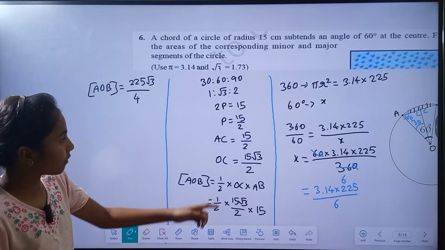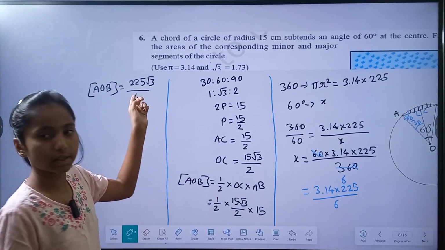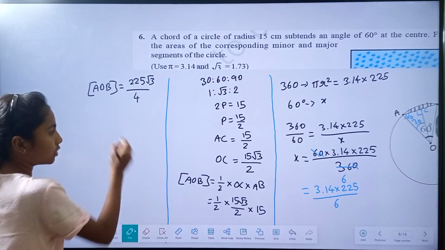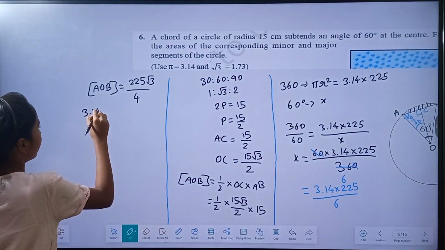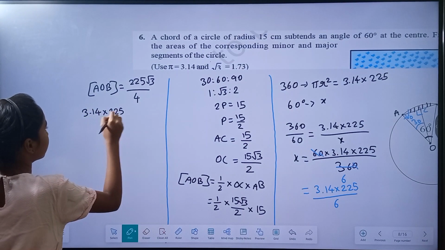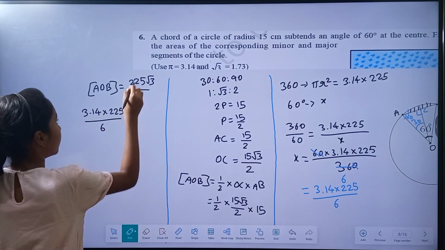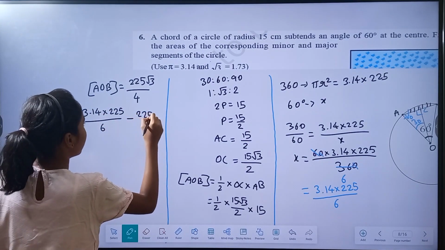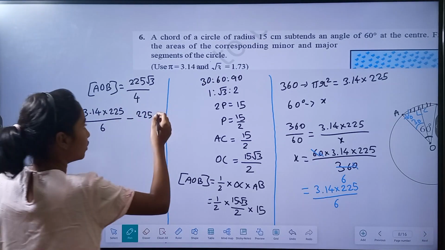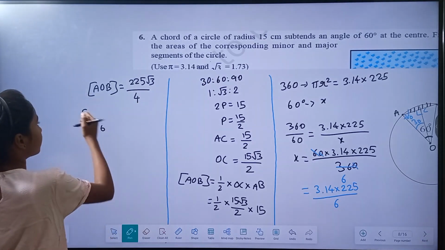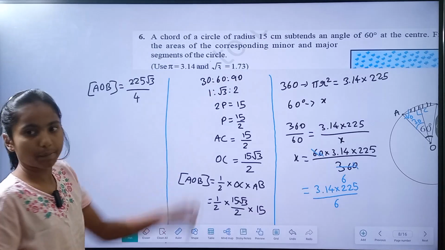Now the sector area minus this area will give the segment area. So 3.14 into 225 by 6 minus 225 root 3 by 4, using root 3 equal to 1.73, because they said use root 3 equal to 1.73.